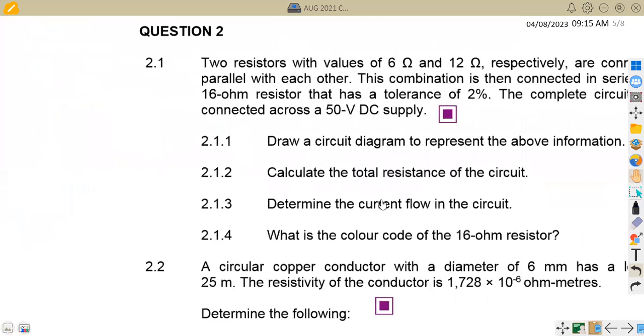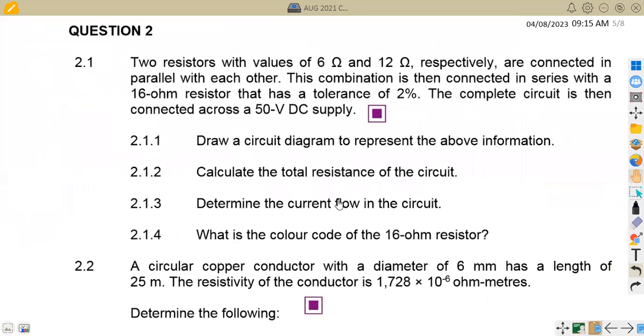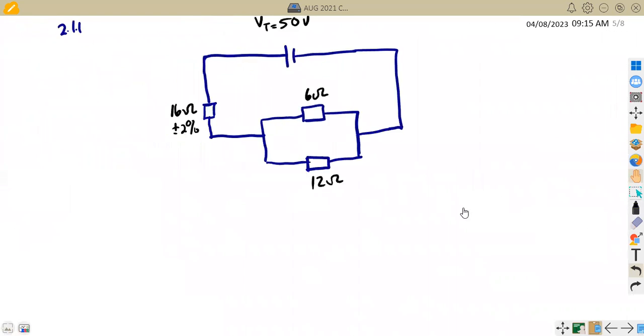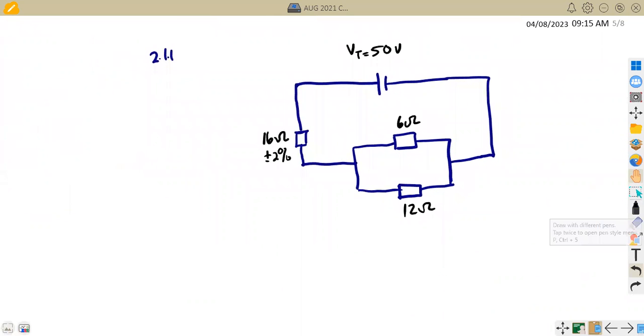2.12: calculate the total resistance of the circuit. If we check, this is a parallel plus a series. Let's say this is R1, this is R2, this is R3.